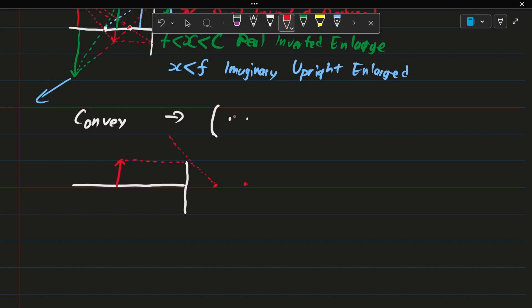It's something like this. But then if you take it from the radius of curvature, you would see there's this intersection point here. And this is your image. So this is imaginary. Upright.